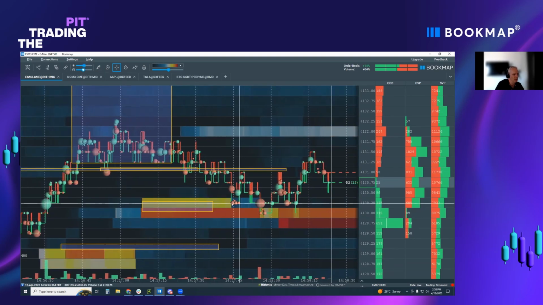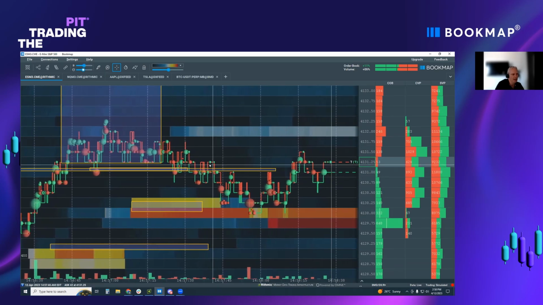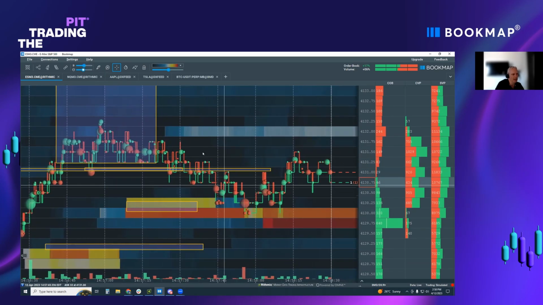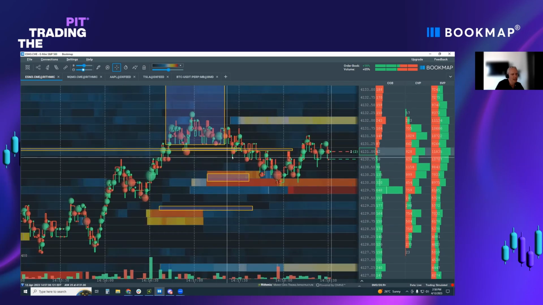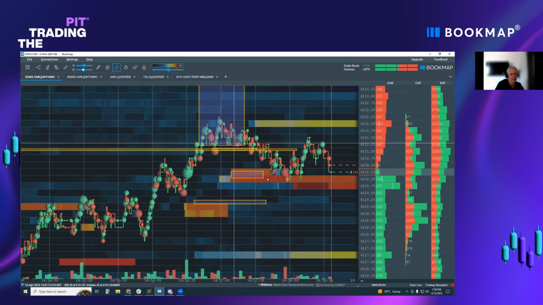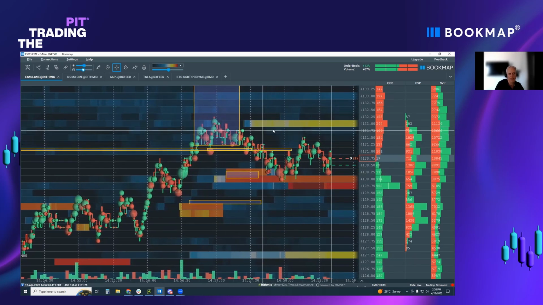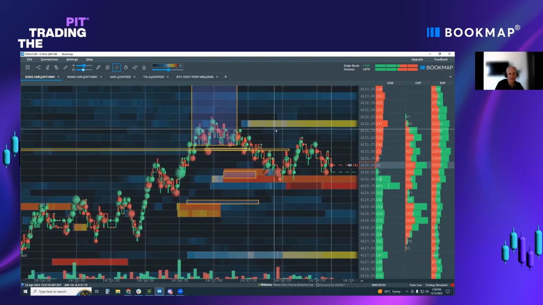More sellers. We're looking for this liquidity to test. Now again, I know this is only like a 1.5 move in the S&P. It does not matter. This is a fractal move within the bigger picture. This happens all the time, all day long.